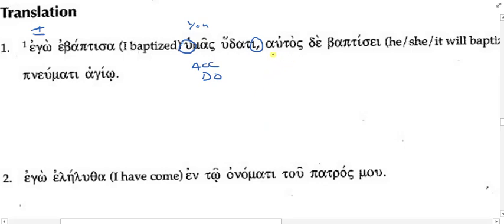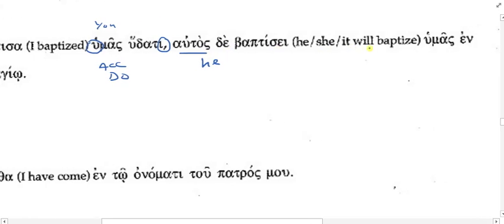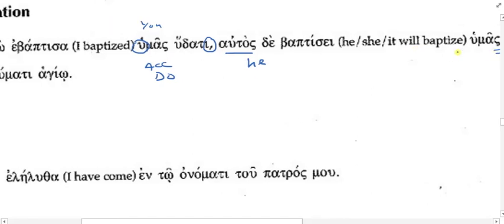Autos. What's autos mean? He. This is the pronoun he, which he gives you officially in chapter 12. You haven't even gotten there yet. So I baptized you with water, but he will baptize you. And there's hymas again, so the accusative plural. Yep.